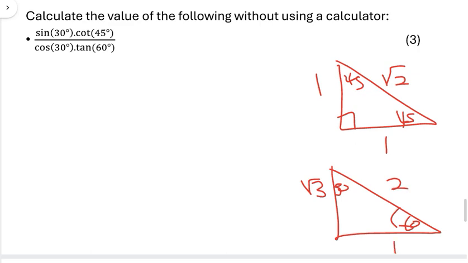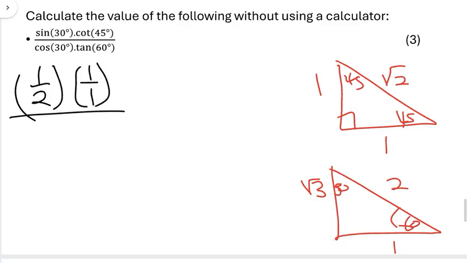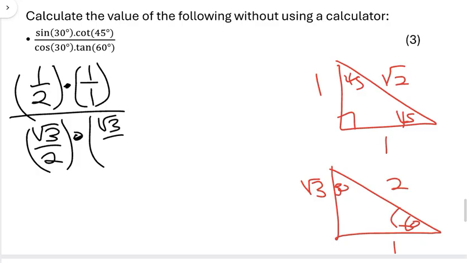So sine of 30 degrees, I think now we all know that it's half. And then cot is the reciprocal of tan, so it's going to be adjacent over opposite over cos of 30 degrees, which is going to be adjacent, square root 3 over hypotenuse, and then tan of 60, let me see, tan is opposite over adjacent.